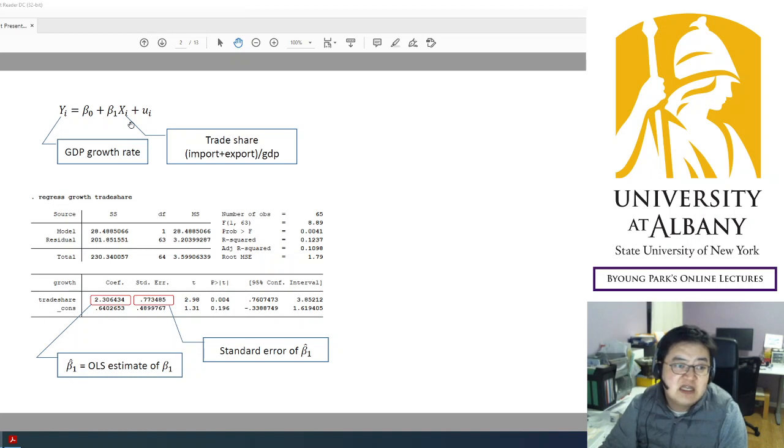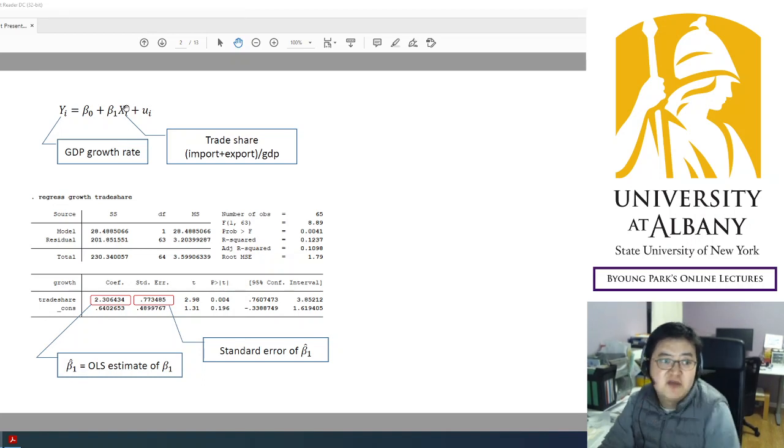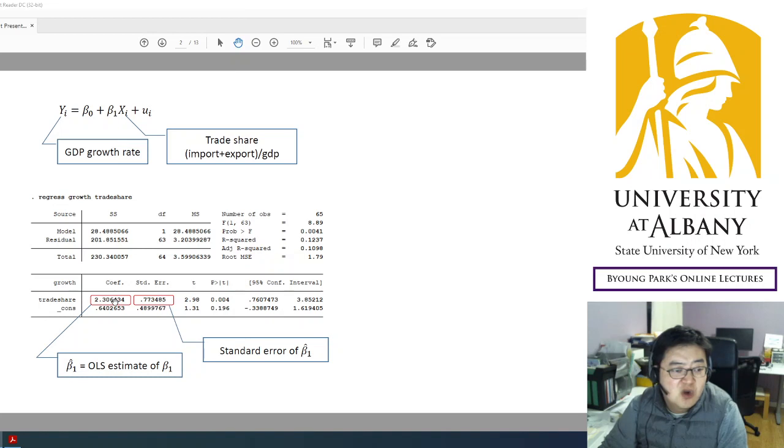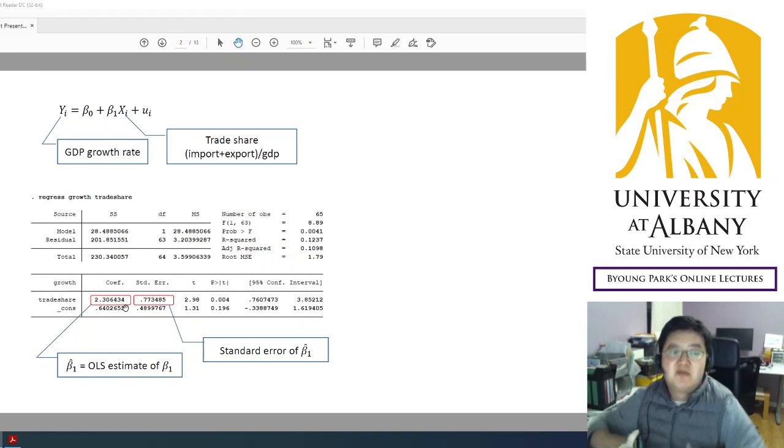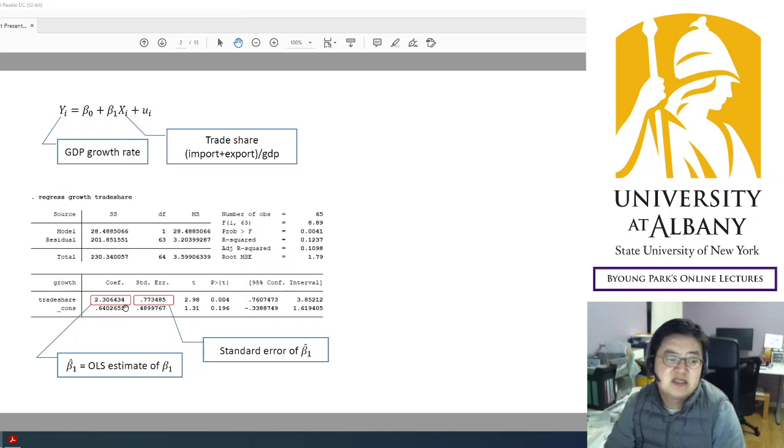When X increases by 1 unit, Y will increase by this much. That is the meaning of this coefficient, which has an economic interpretation, right? A larger volume of trade has a positive effect on the growth of that economy. So it's an interesting result.